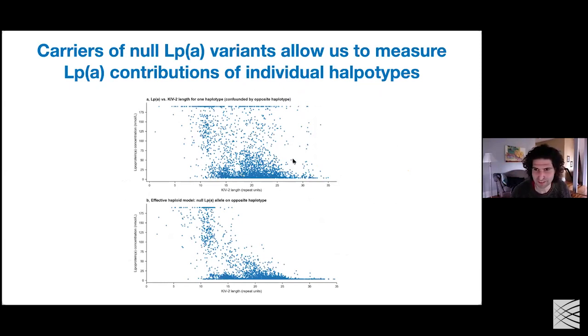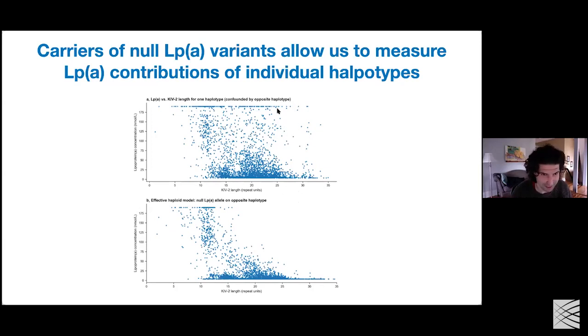So in the top panel of this figure, we have the ordinary LPA KIV2 scatter plot with no restriction on the opposite haplotype. In the bottom panel, it's the same picture, but I've restricted to haplotypes that are opposite another haplotype that carries one of those 2 null alleles I just showed you. The restriction greatly clarifies the picture of the KIV2 LPA relationship. You can see all of these points that had long KIV2 repeat and high LPA have just disappeared from this figure.